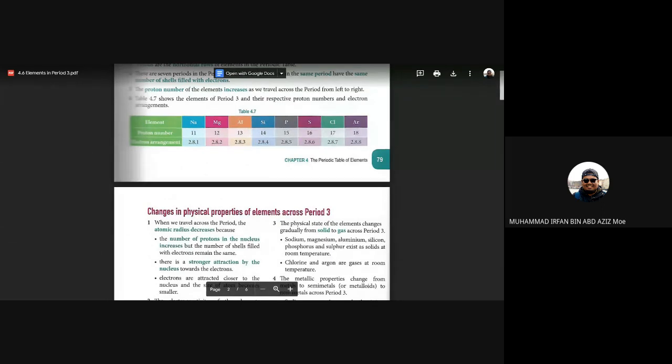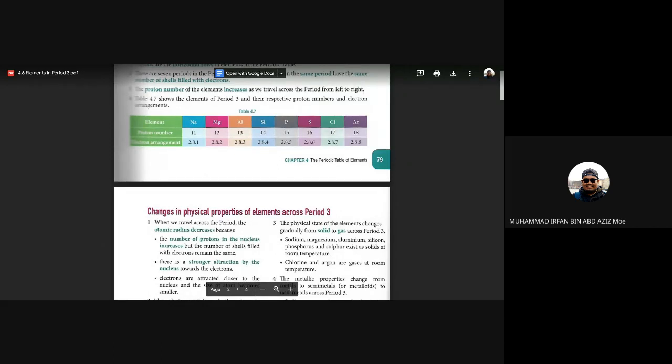That is not correct, because even though the electrons increase, the number of protons and neutrons also increases. Therefore, the attraction between the nucleus and the electrons becomes bigger. For example, in Na, we have 11 protons and 11 electrons.